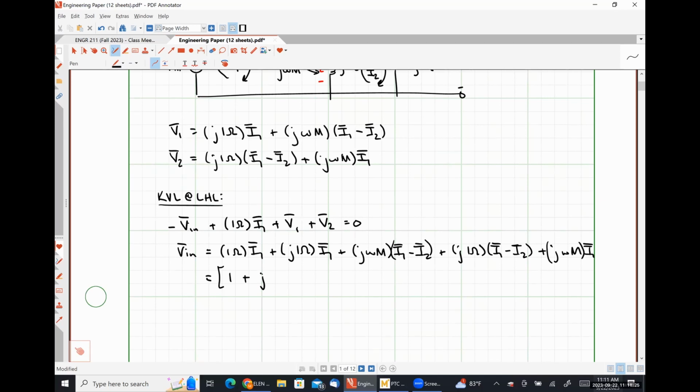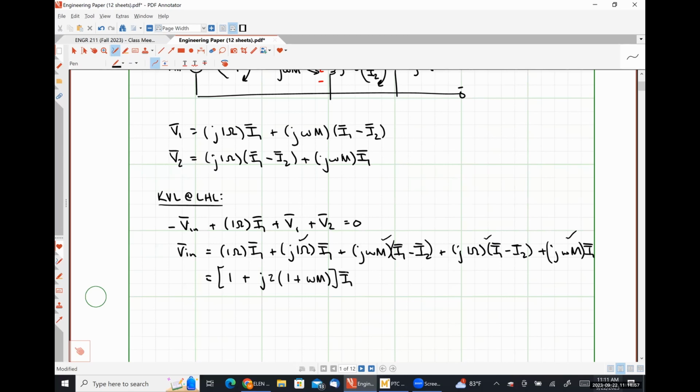I'm going to have a J1 from here and a J1 from here, and a J omega M from here and a J omega M from here. So to me, that looks like 1 plus J2 times 1 plus omega M, times I1.